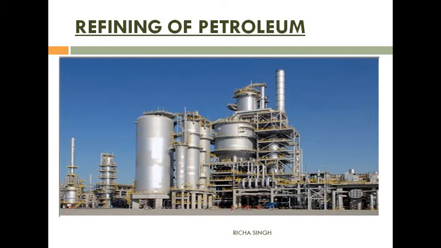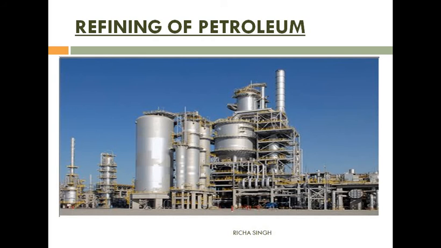Refining is necessary because it contains many other materials along with the petroleum. It has diesel, paraffin wax, kerosene, many other things. So to segregate petrol out of them, we need to refine the petroleum, and this refining is done through the process of fractional distillation, carried out in a petroleum refinery.